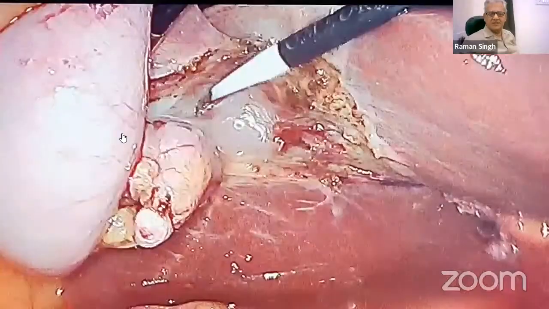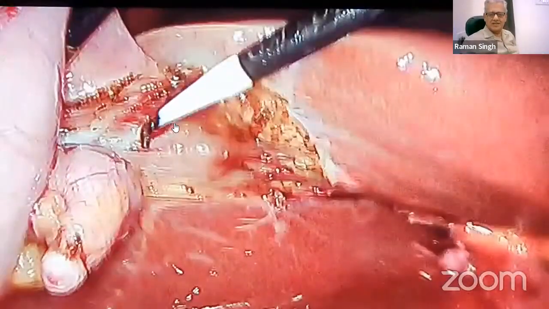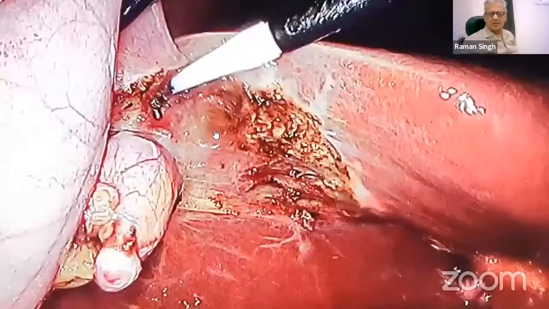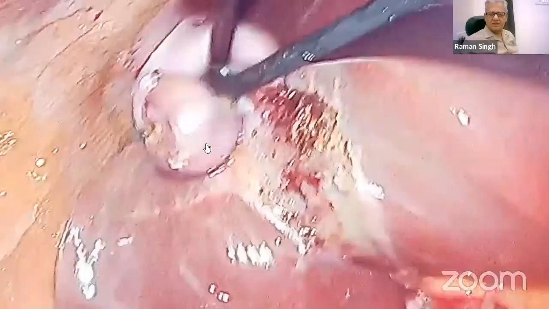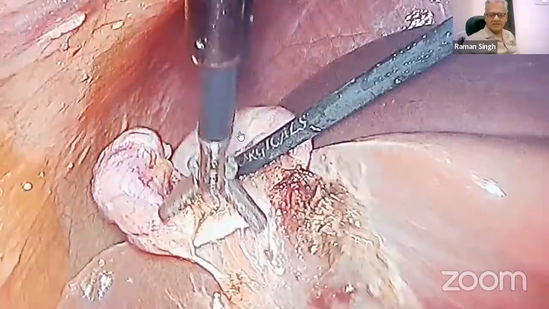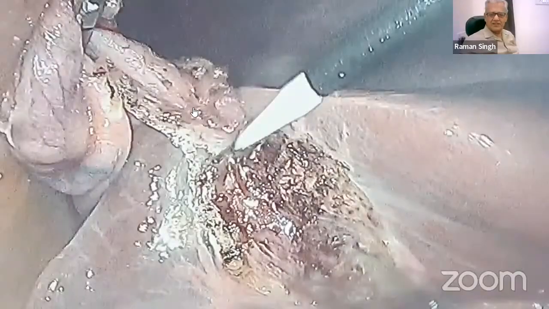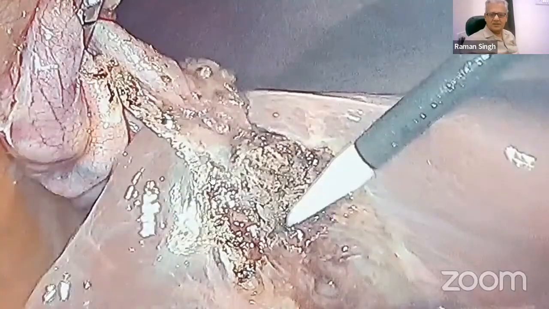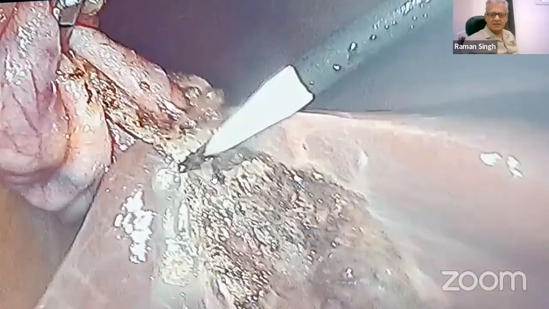Pulling of the structure helps to cauterize nicely. The traction is required to get proper cauterization. So from the left hand it is pulled up and then it is cauterized with the help of hook cautery. Now this gallbladder is removed.